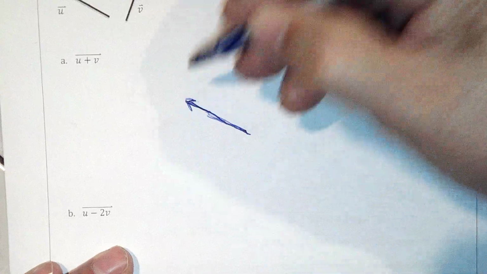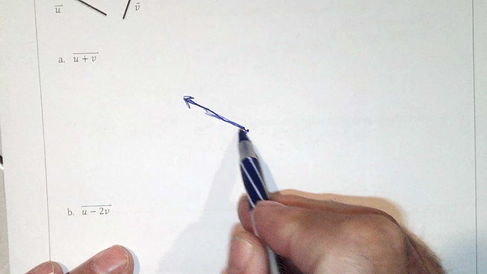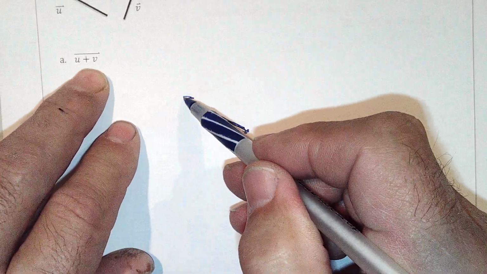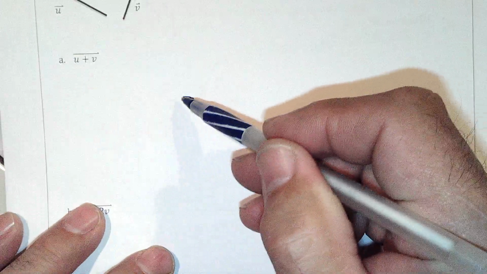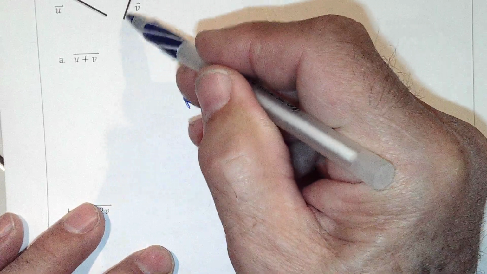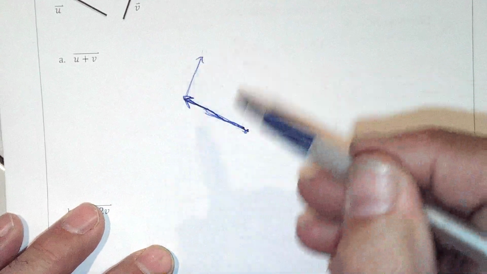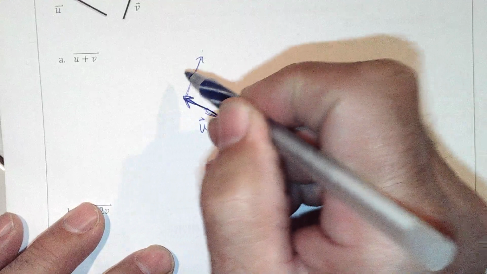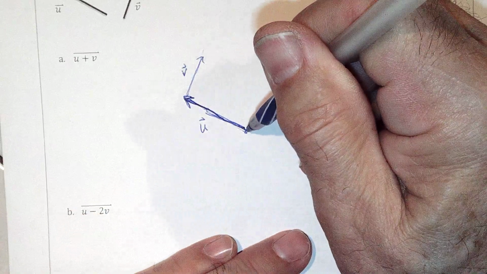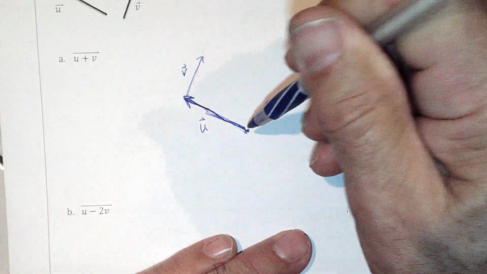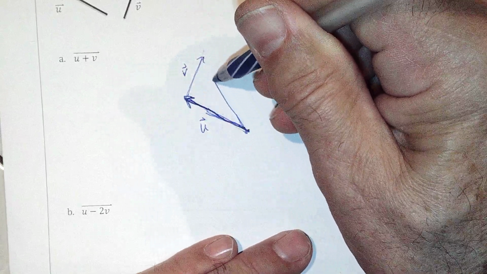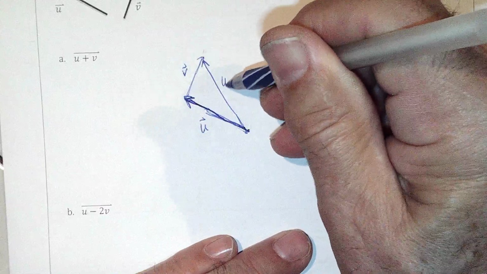U started here, went to there. Then I got to do v from where I left off. And v is in this direction, so I got to go in that direction, about the same length as v. So this is u. This is v, and so u plus v is a vector that goes from where I started to where I ended after doing both of them. So there's a picture of u plus v.